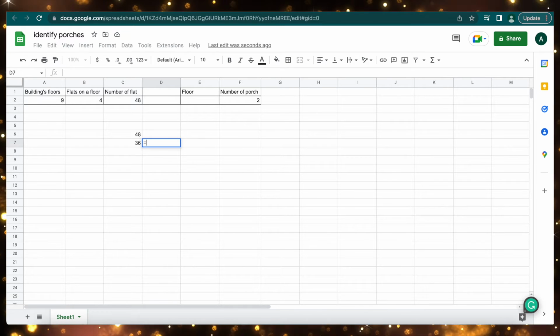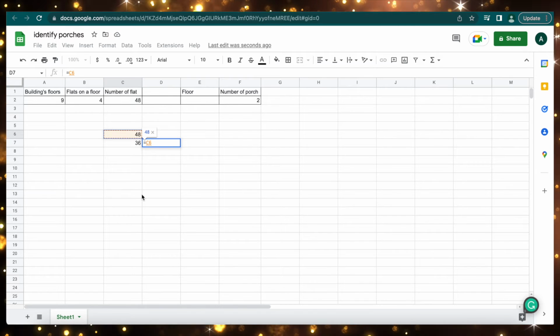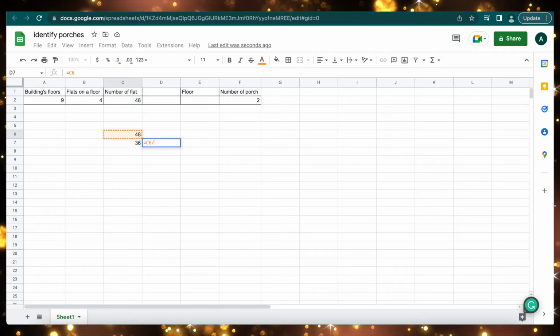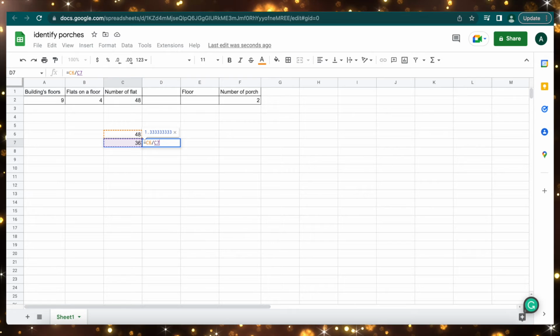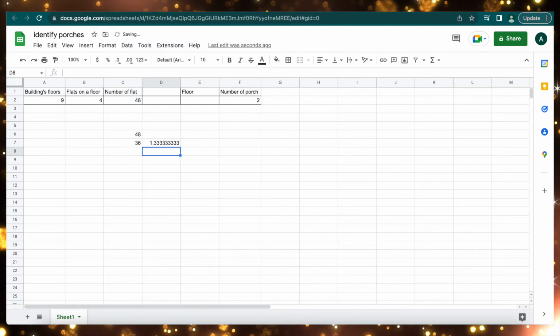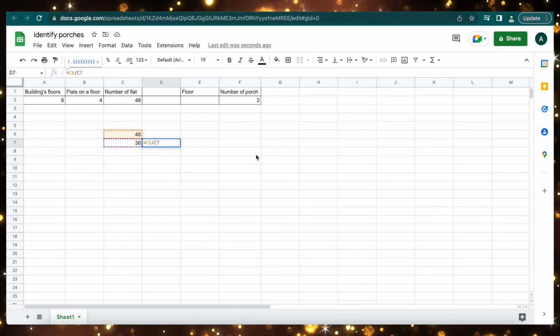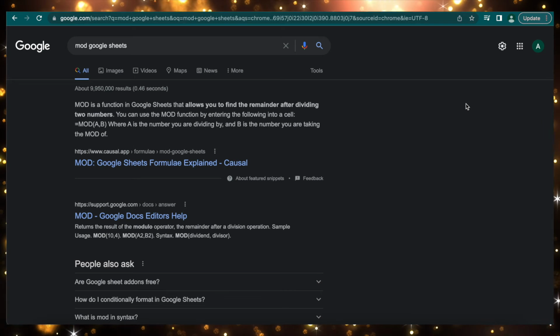For example, I take the number of our flat, divide it by 36, and I have 1.333. But I need to have something different. I have to use the function named MOD.